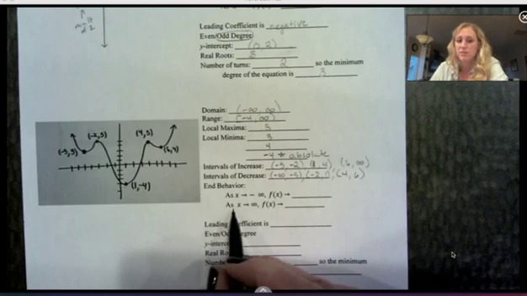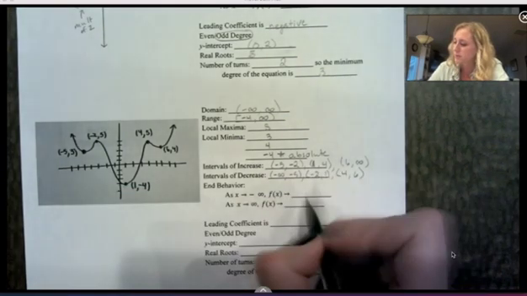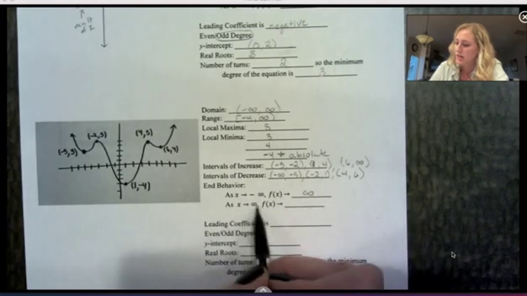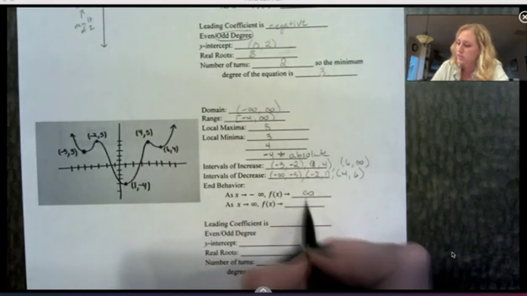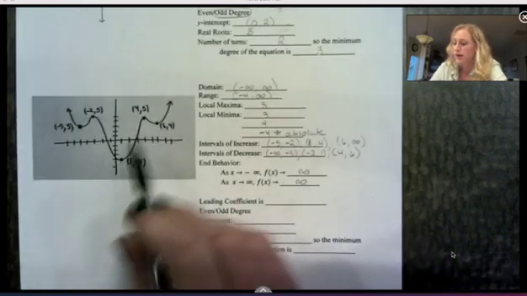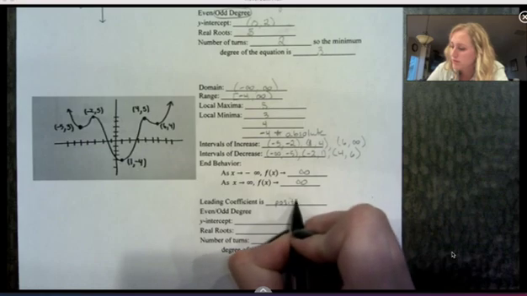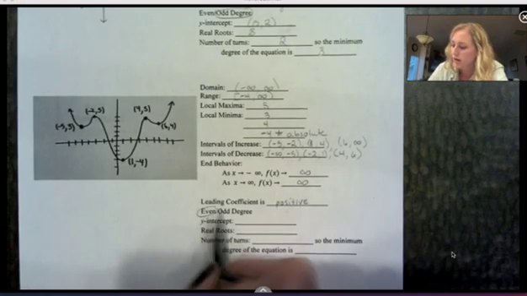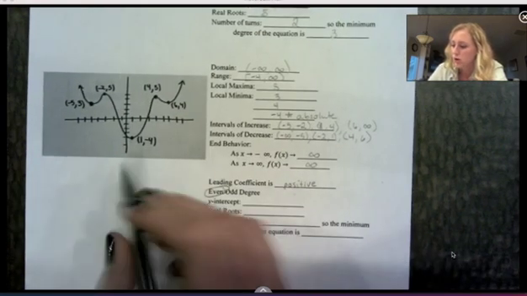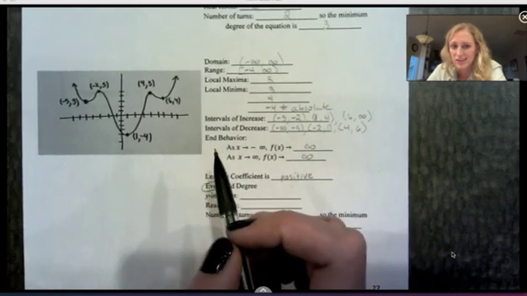All right, end behavior. On the left side, as x approaches negative infinity, my graph is going up to positive infinity. On the right, as x approaches positive infinity, so does f of x. On the right side, it's going up, so my leading coefficient is positive. My ends are going the same direction, so it's even. Y-intercept, this one's not a great estimate.